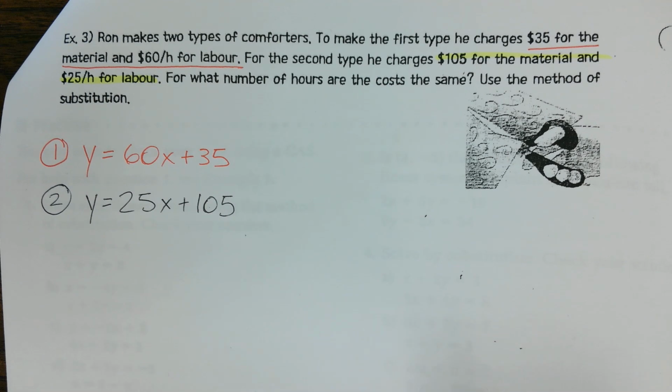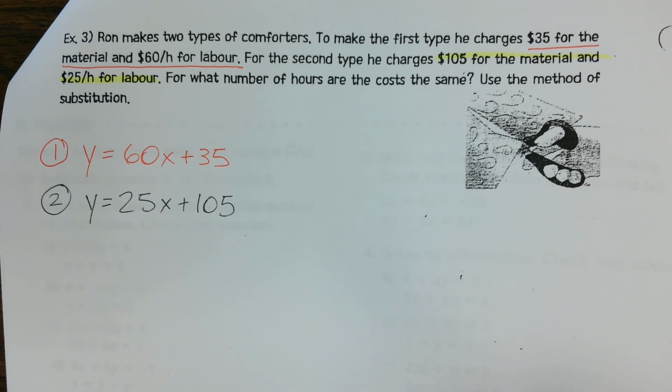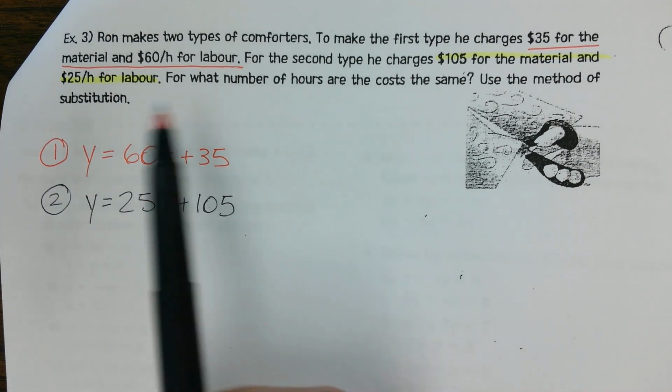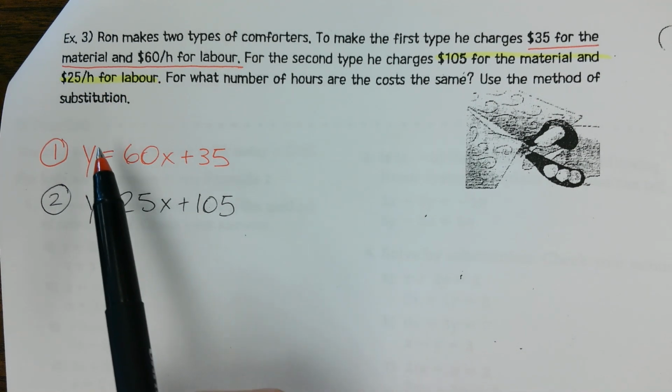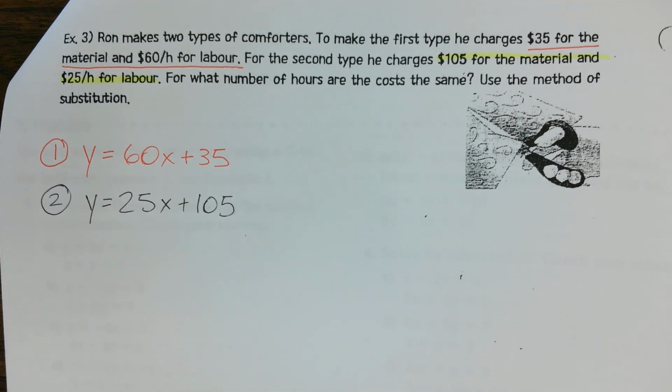The first equation, did you use x and y as well? Alright. Anybody else didn't use x and y in the first equation? Right. Usually people use c for cost and then maybe h for hours. So some people's equation might be c equals 60h plus 35. That's totally fine. It's your variables.